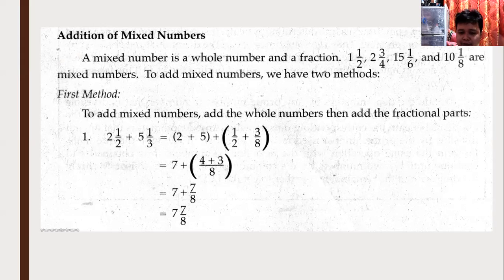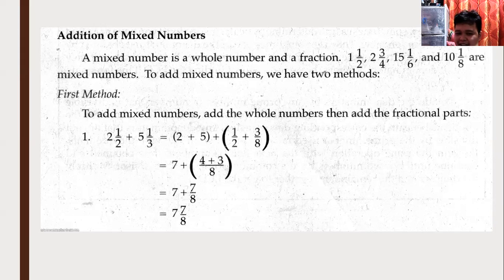Add the fractional parts daw. So, nangyari dito sa kabila, 8 divide 2 is 4, times 1 equals 4. So, naging siyang 4 over 8 plus 3 over 8.